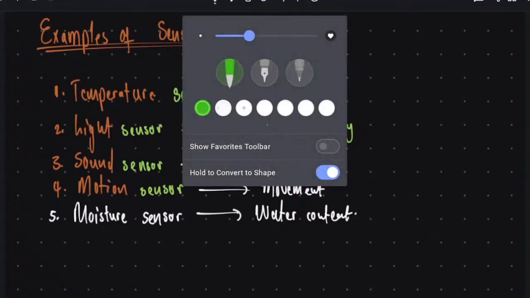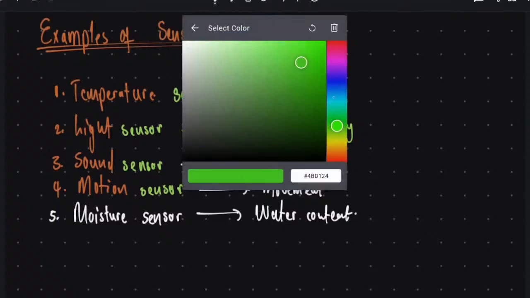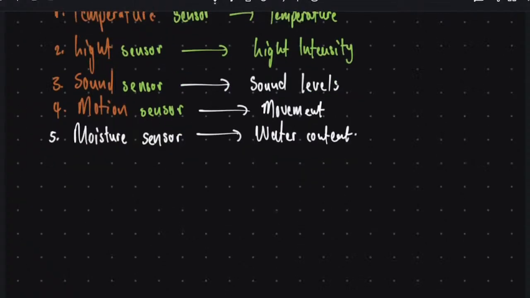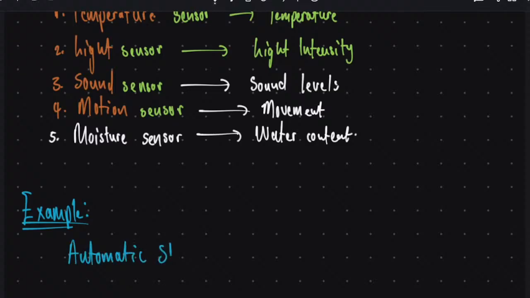We are studying sensors right now. An example of a sensor: automatic street lights have a light sensor, obviously, not a sound sensor.